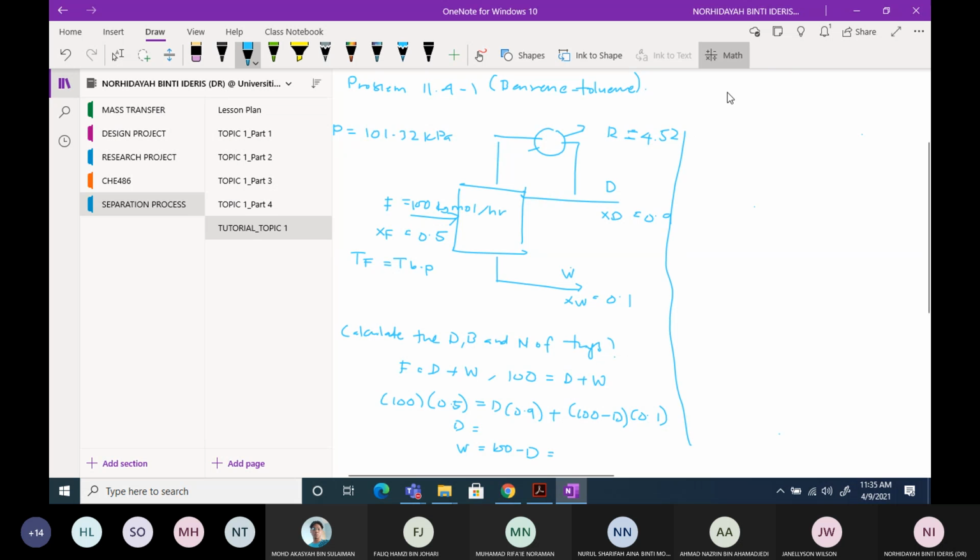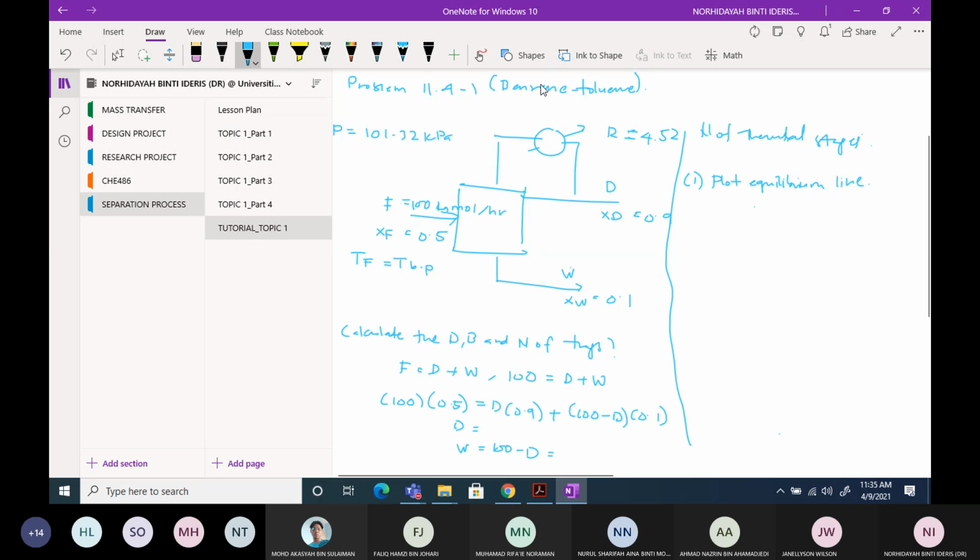Okay, now go to the next question. We want the number of theoretical stages. For the first step, I just wrote down the steps, so maybe you can try it by yourself. Plot the equilibrium line.